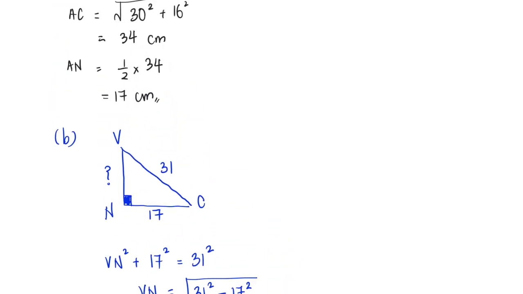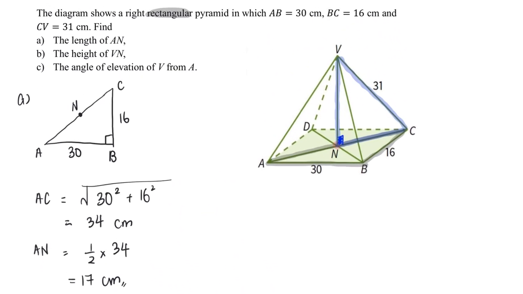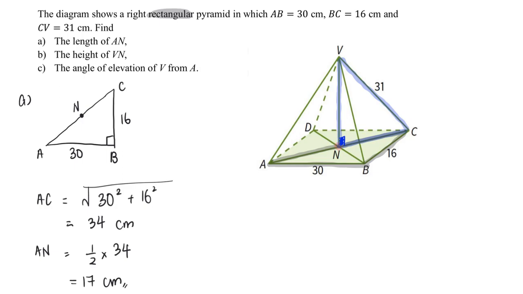Going back to this question, part C, angle of elevation of V from A. So we should be looking at this triangle VAN.